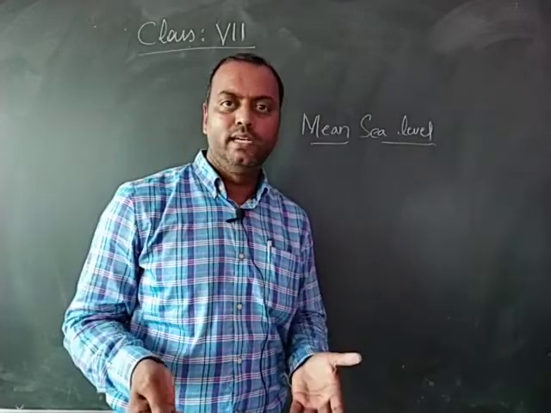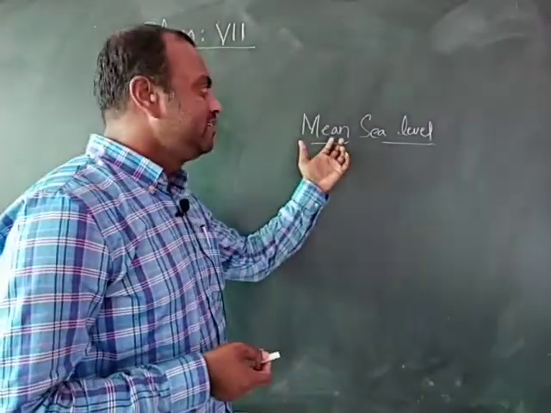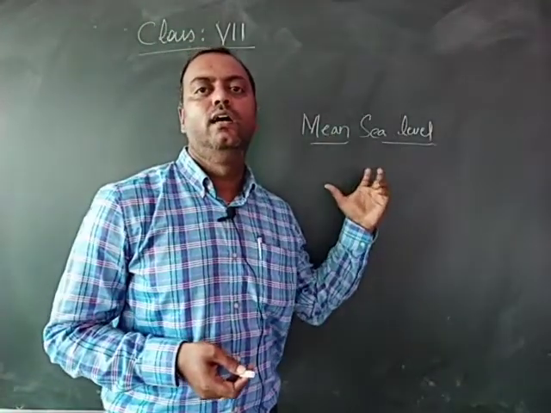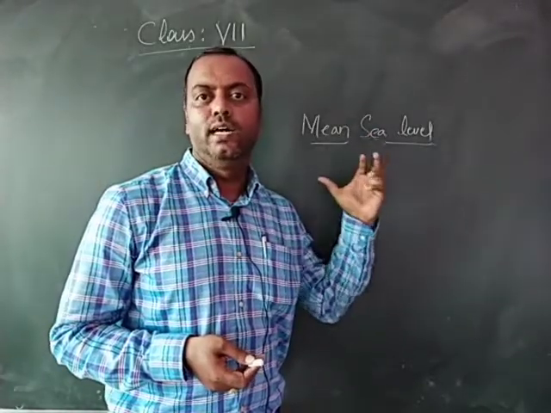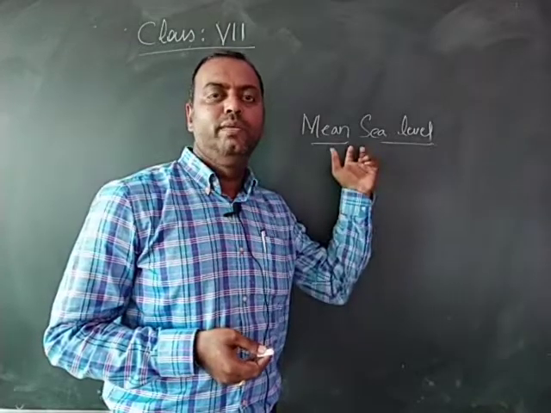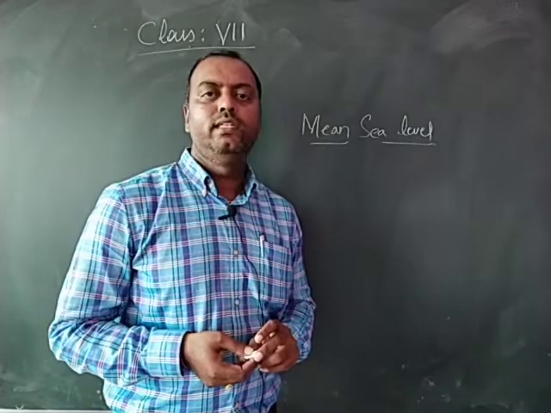So we consider them as the mean sea level. This mean sea level will help us to understand the heights of the water bodies or the heights of the mountains and other landforms on the earth. With the help of this mean sea level, we can even draw the map showing the heights.